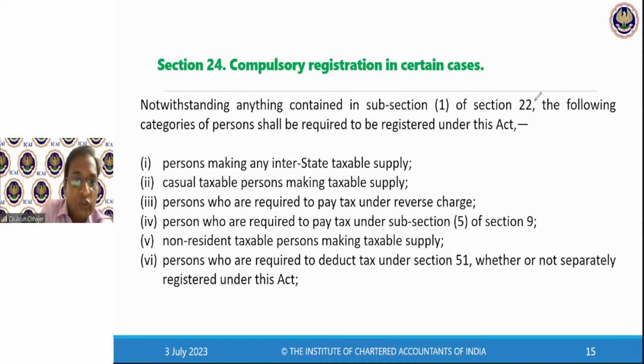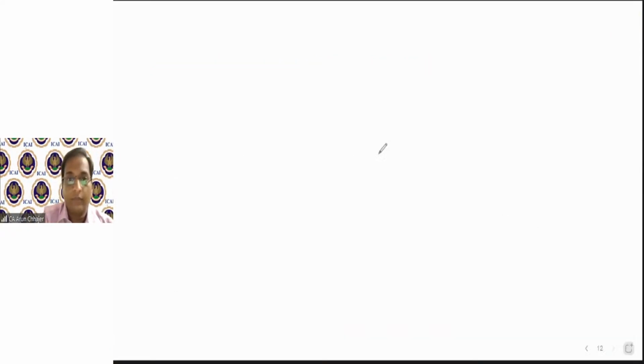See, casual taxable person making the taxable supply. So what is the meaning of casual taxable person? Try to understand. We will use two terms, casual taxable person and non-resident taxable person. ठीक है, दो टर्म हम बात करेंगे। See, what is the casual taxable person?